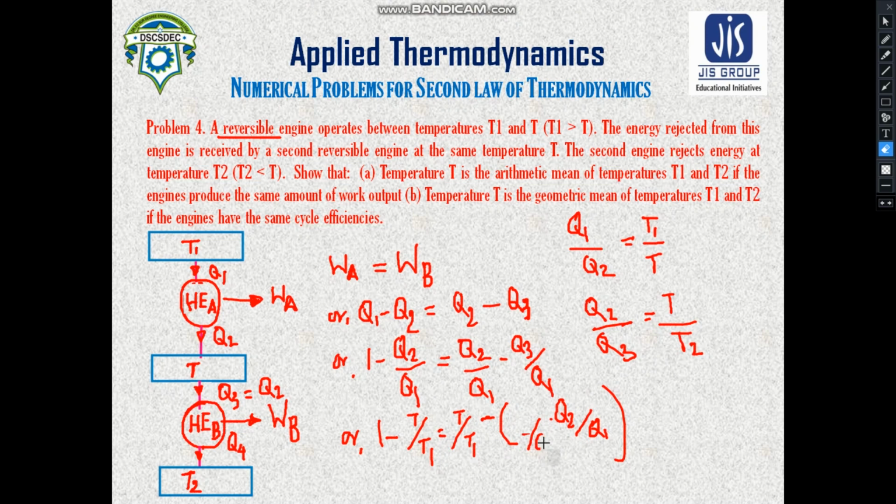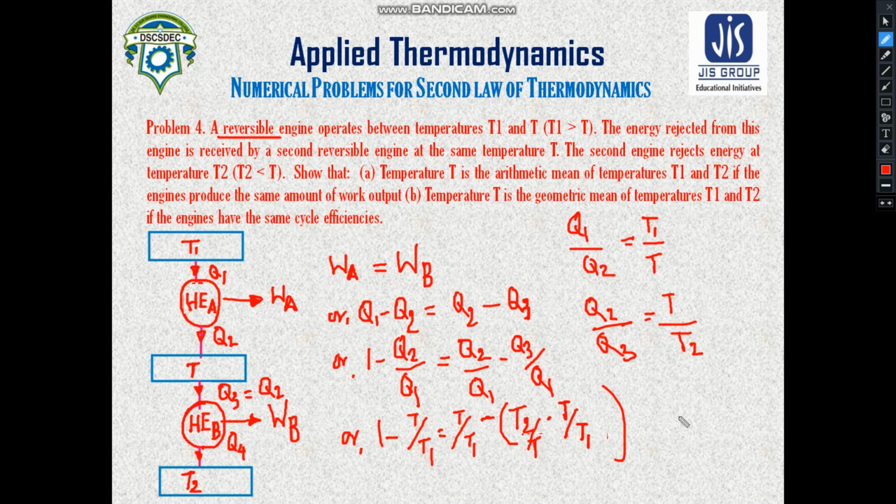I will write here T2 by T. And Q2 by Q1 would be T by T1. That is as simple as it is.